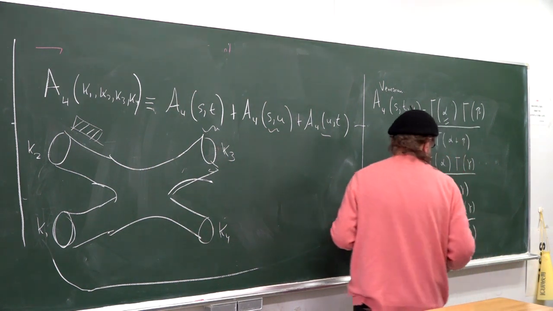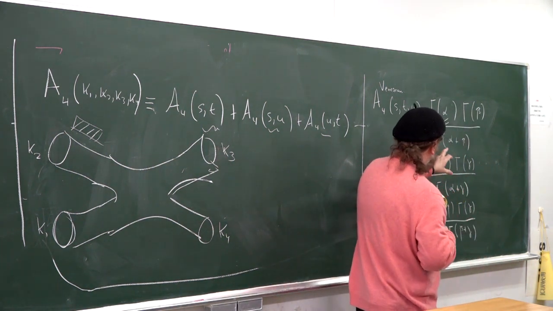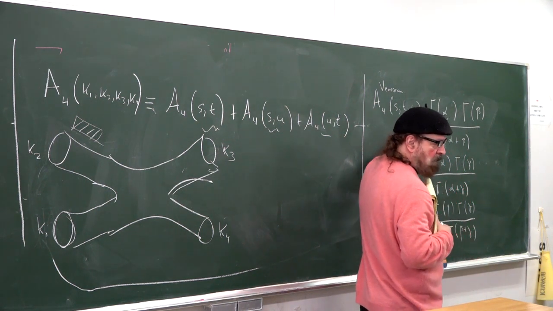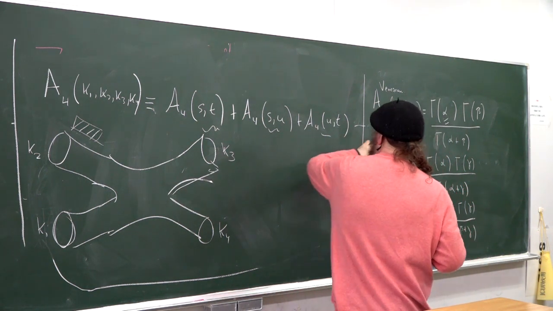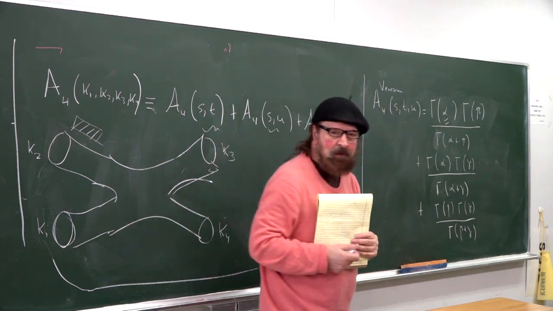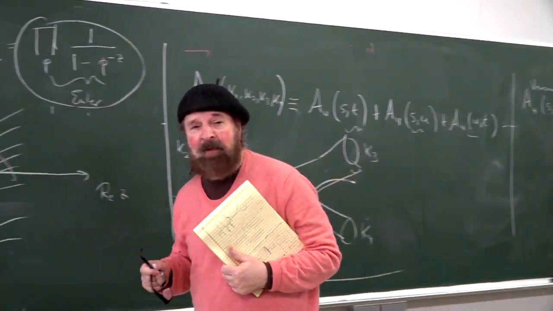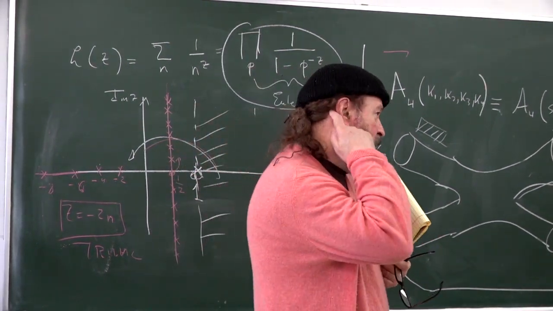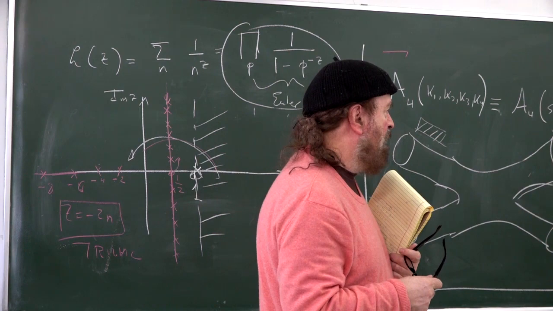So then I have to tell you what is the relationship between alpha, beta, and gamma in terms of STU, which are given in terms of K1, K2, K3, and K4. So I have to give you the functional relationship between alpha, beta, and gamma, and STU, meaning K1, K2, K3, and K4.